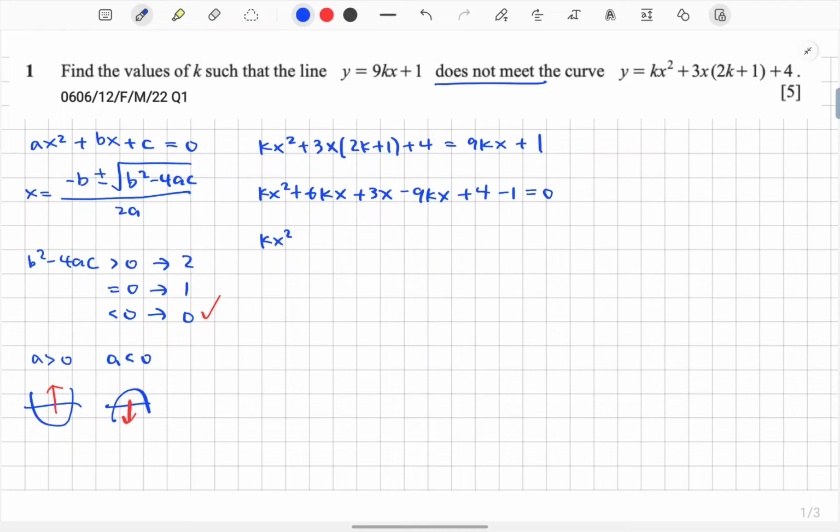Now we need to factorize the x so we know the coefficient of it. When we take out the x from this term, it is 6k. From this term, it is plus 3. From this term, it is negative 9k. Then simplifying the coefficient gives us negative 3k plus 3.